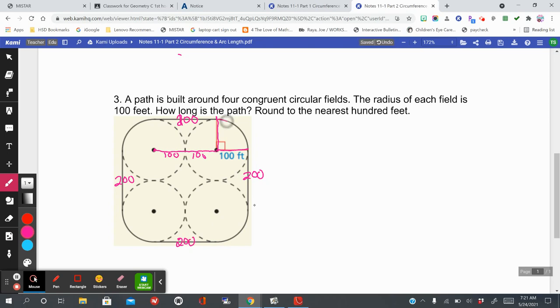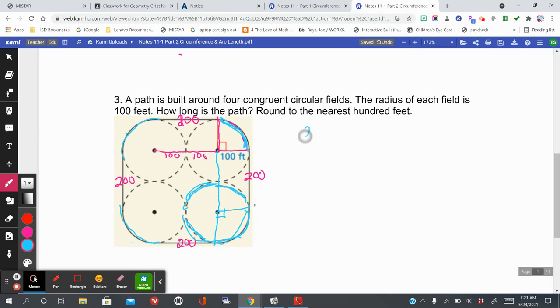And then we have this arc measurement, and there's 4 of them. And if you notice, this is going to be 90. It's going to be 1/4. So again, 4 of these arcs is going to create one circle. 1, 2, 3, 4. Okay, so same principle. We're just, instead of 3, it's 4.